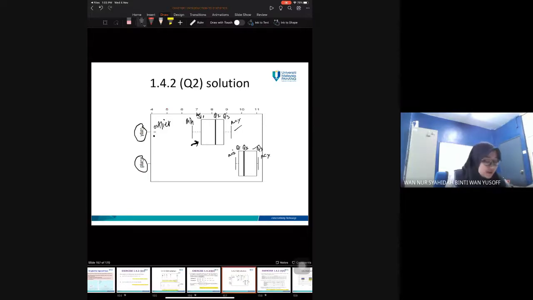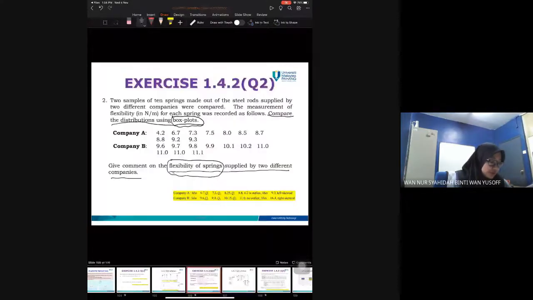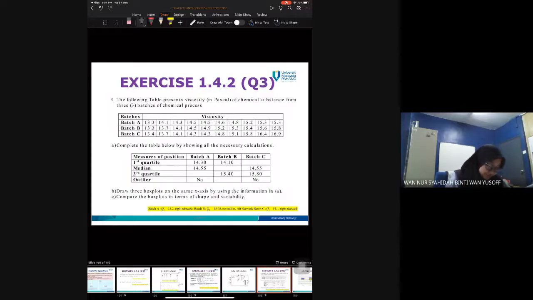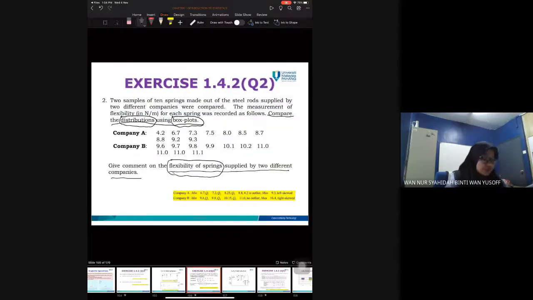Okay, back to the question. Compare the distribution. The first thing you have to write is distribution. Distribution here means the shape of your box plot. Why do we have to construct the box plot?